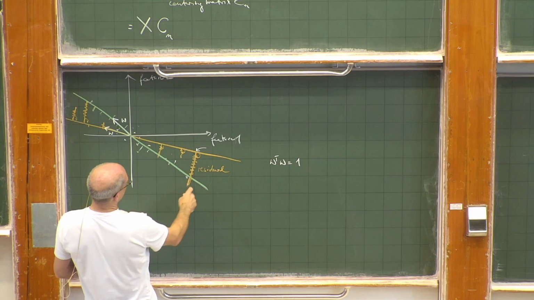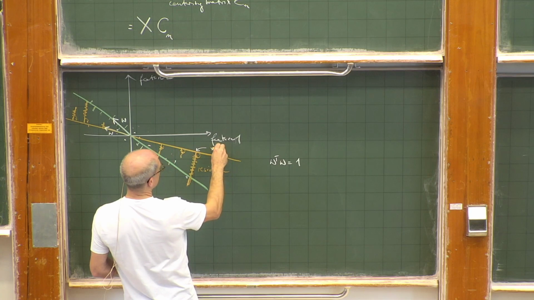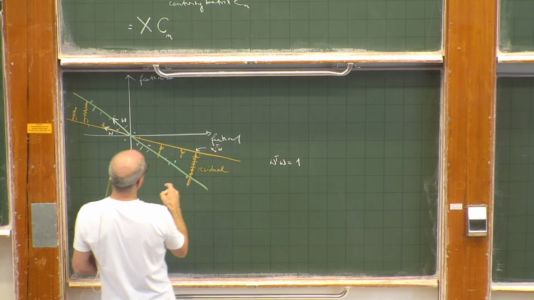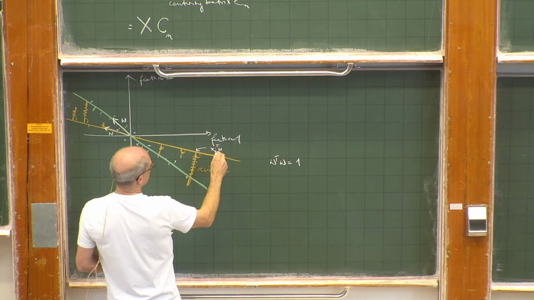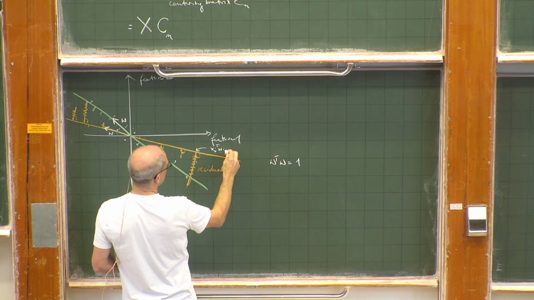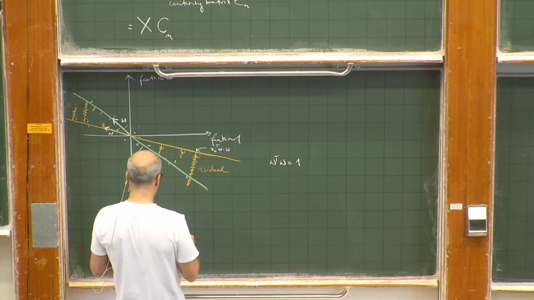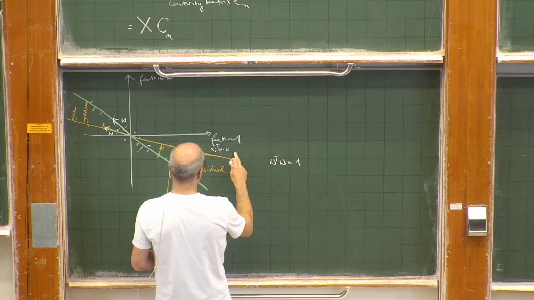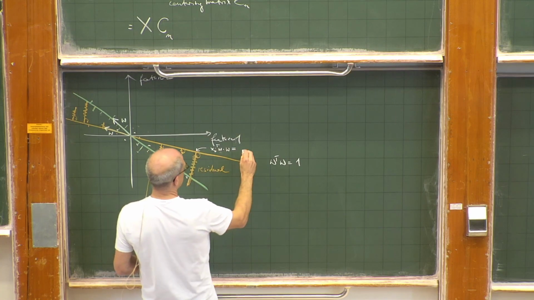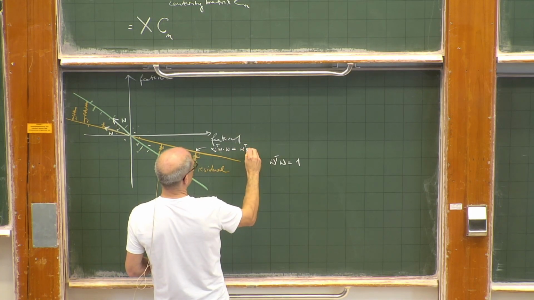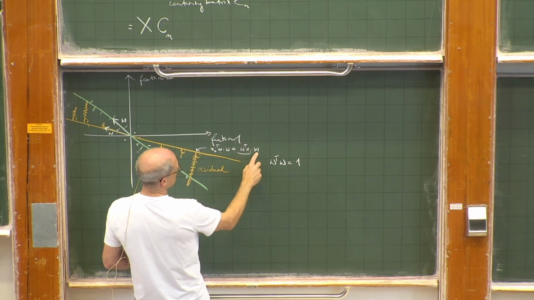To find this point, I can take an observation xi, and I can project it onto my vector W. This is now a scalar, and this scalar I need to multiply with W as a whole. And if I want, I can also write it the other way around. I can say this is W transpose xi times W. That's a scalar, and this is my vector.